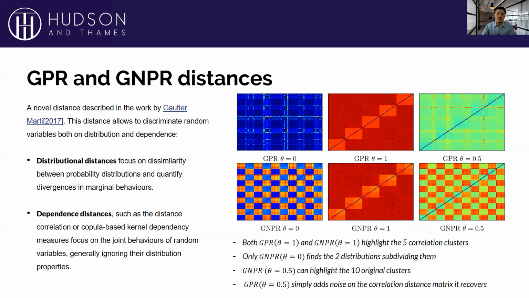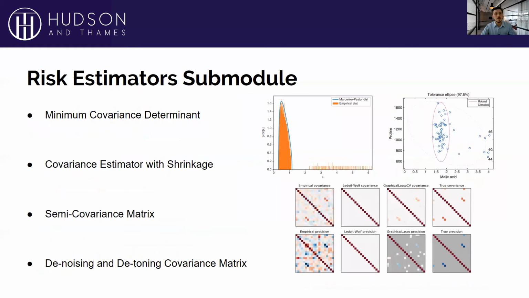So when applying the GPR, we fail to see all 10 original clusters, but when actually applying GNPR, we can see the 10 original clusters. So apart from dividing random elements based on the codependence, we can also see that inside they're different based on the distribution. Now we've finished with the codependence module.